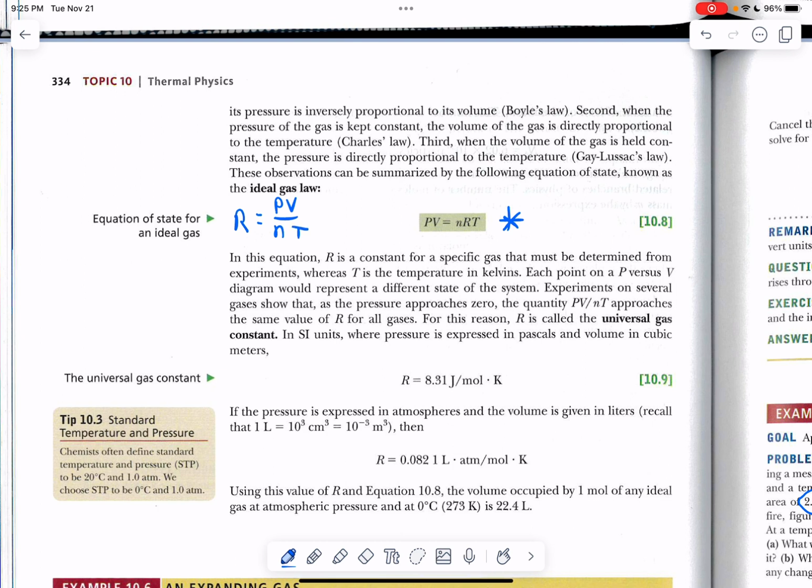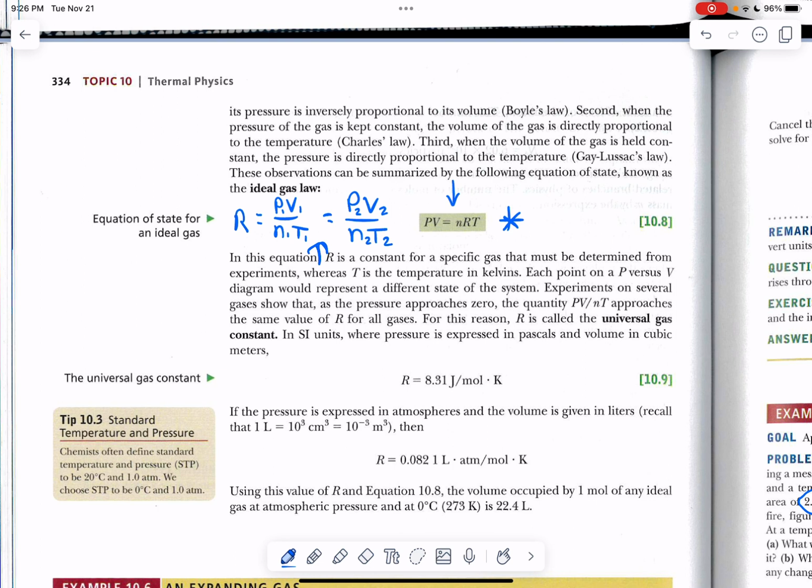And you can then ask this question: if I have a certain pressure and a certain volume and a certain amount of gas and a certain temperature, and I change it to a different pressure and a different volume and a different amount of gas and a different temperature, if I know any 7 of those 8 values, I can find the 8th value. That's often called the general gas law. So we have the ideal gas law here and the general gas law there.